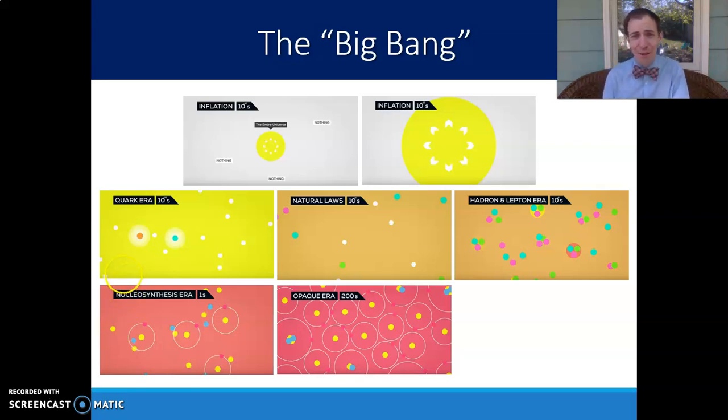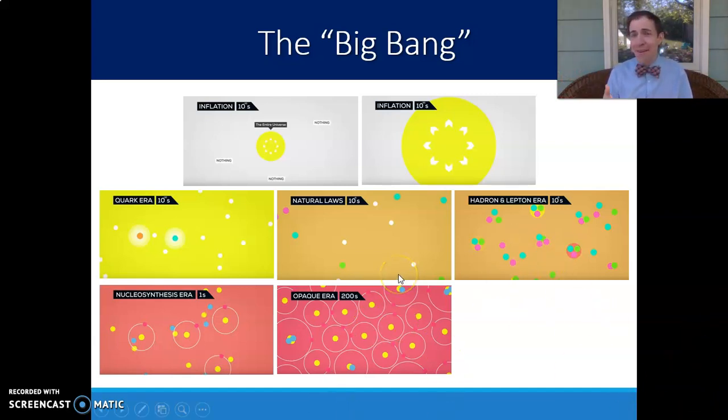So the color of our universe was more of an orange color at this stage in its life. And the high energy of the electrons meant that the electromagnetic waves couldn't actually travel through space. They were always being absorbed by these electrons and these atoms.